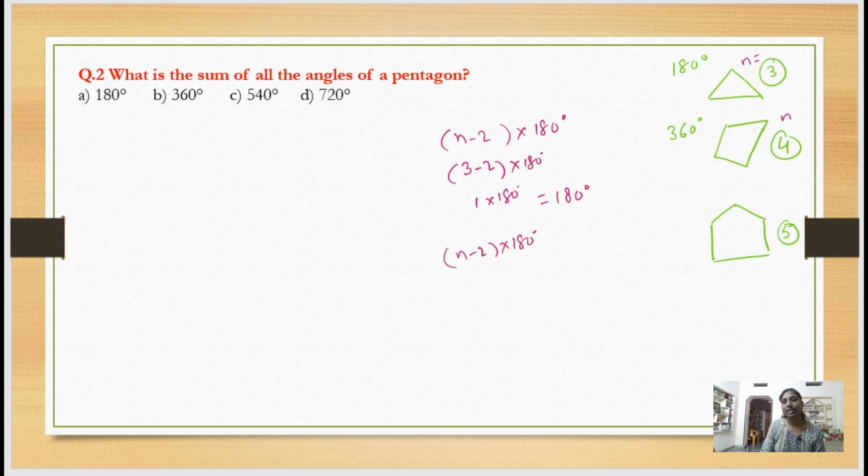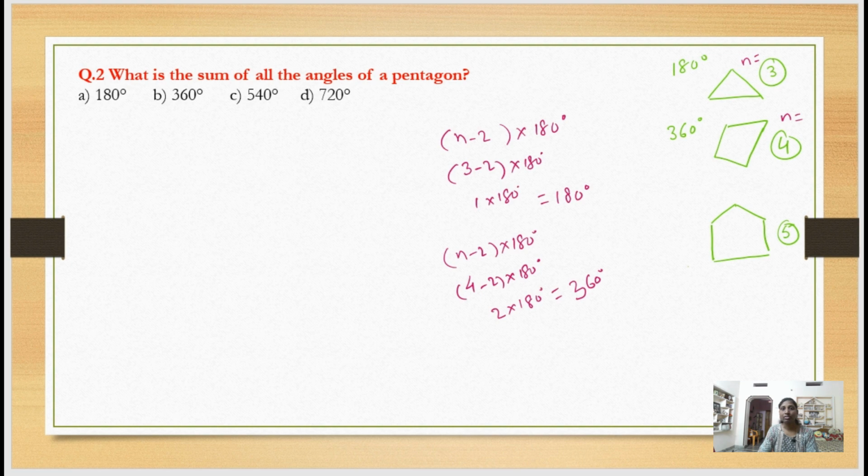For a quadrilateral, what is n? N is equal to 4. So here put 4. 4 minus 2 into 180 degree. 4 minus 2 is 2. 2 into 180 degree, which is equal to 2 into 180 is 360 degree. It is also true for quadrilateral. Okay. Now the question is, what is the sum of all the angles of a pentagon?